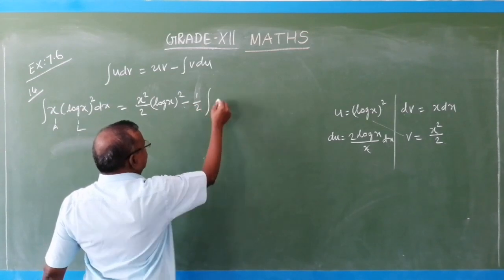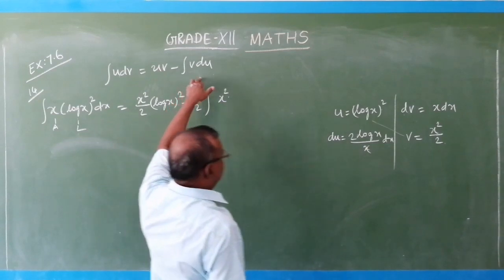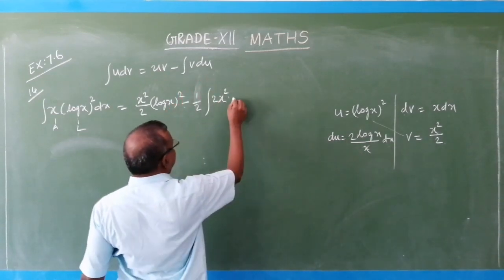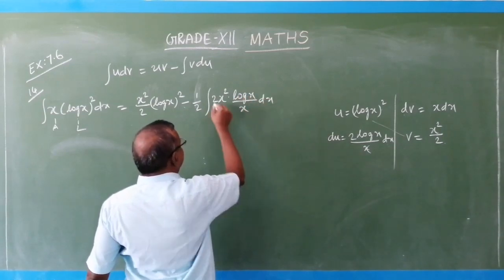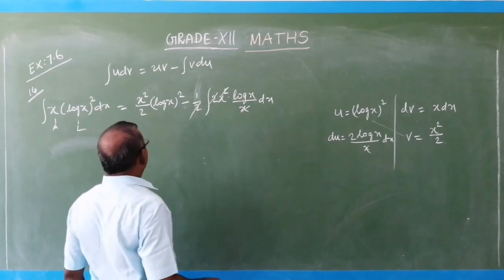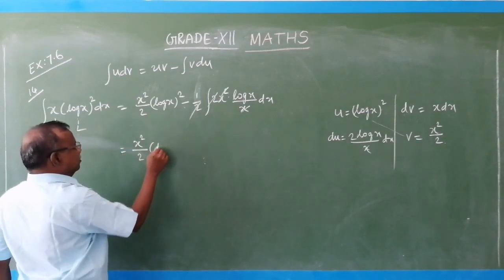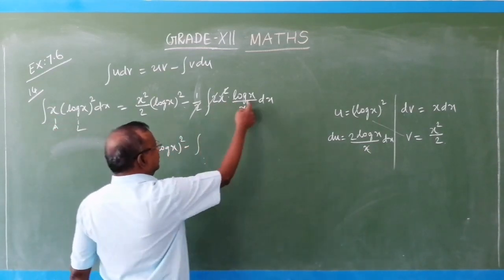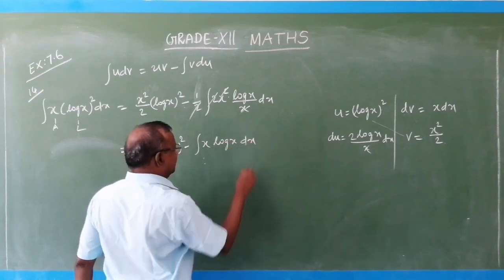So here x square into du, and du is 2 into log x by x into dx. Eliminating 2 and one x, we get x square by 2 into log x the whole square minus integral x log x into dx.